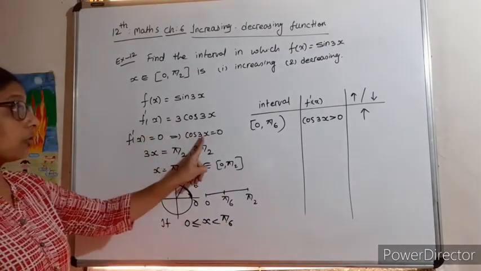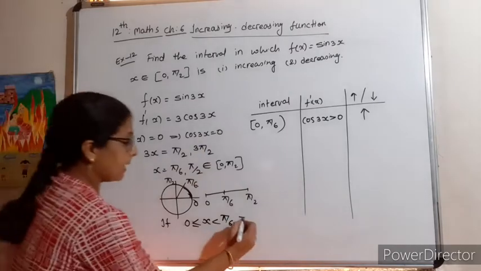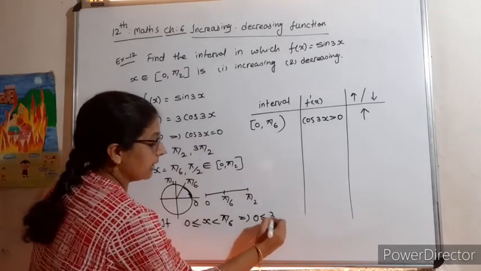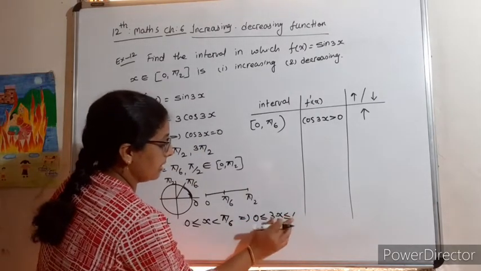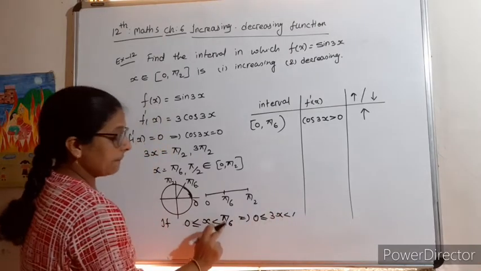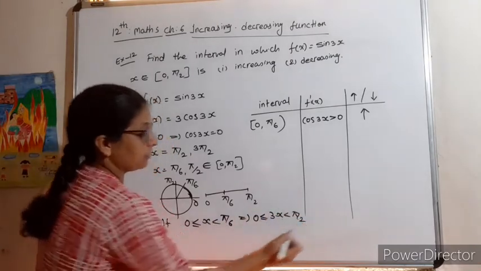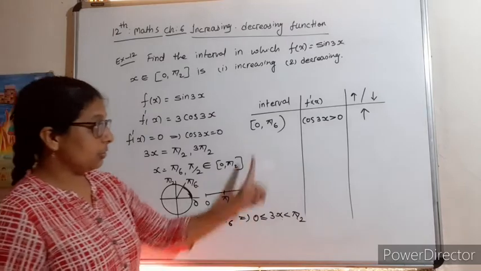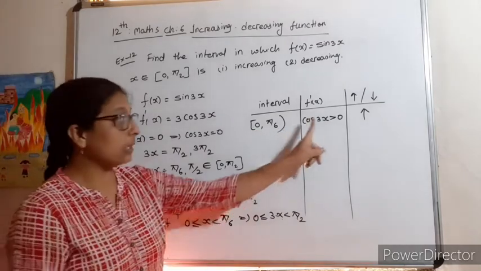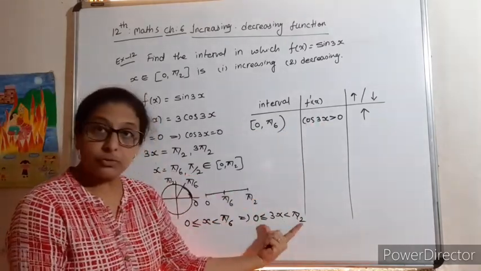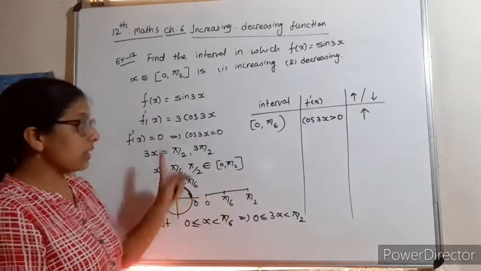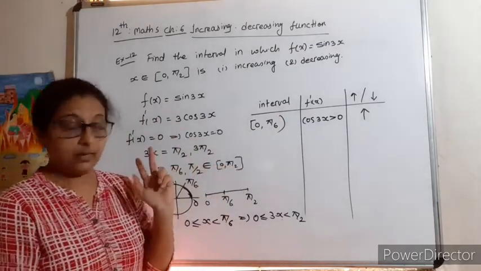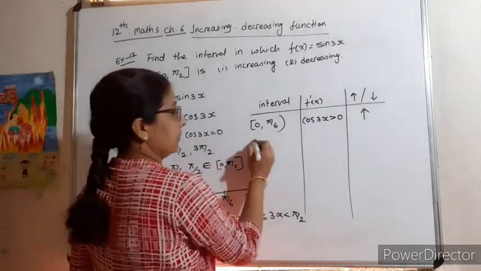In f dash x it is 3x. So this implies 0 less than or equal to 3x less than 3 pi by 6, which is pi by 2. That means in 0 to pi by 6 for x, 3x belongs to 0 to pi by 2. In the first quadrant it is positive. Now therefore it is greater than 0.